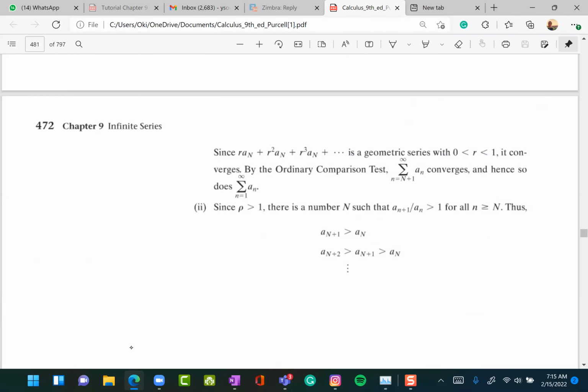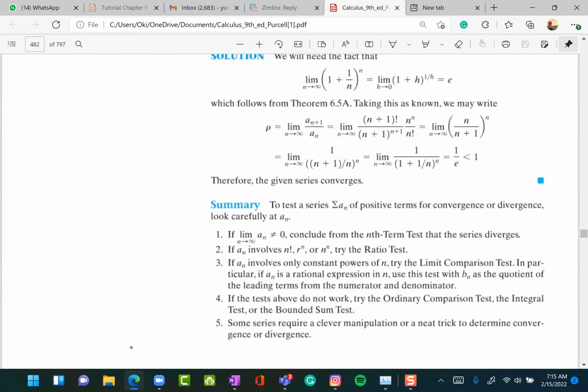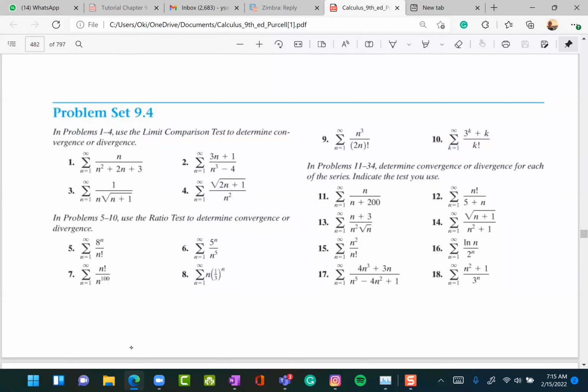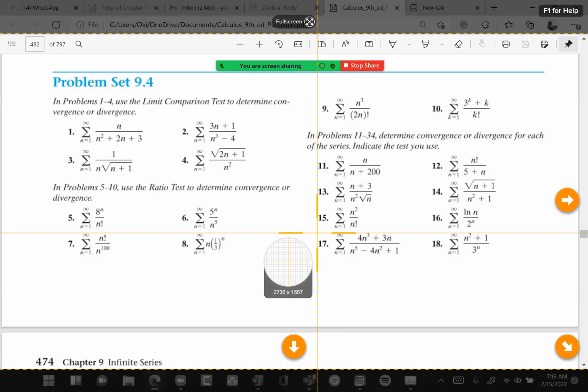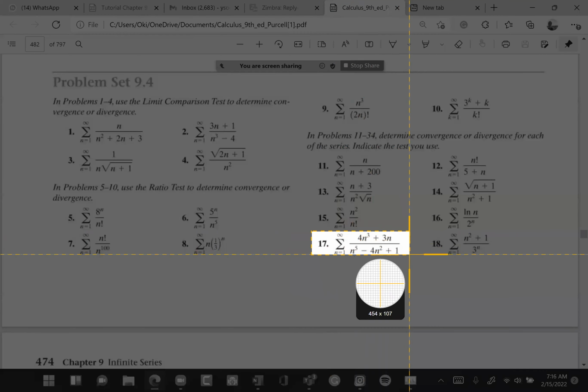We pick up something. Let's see, number 17, for example.